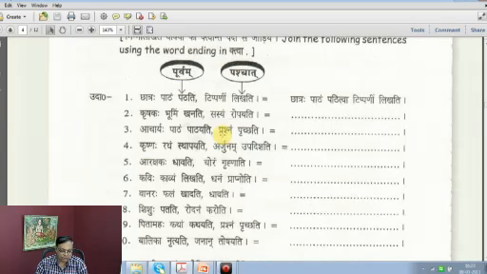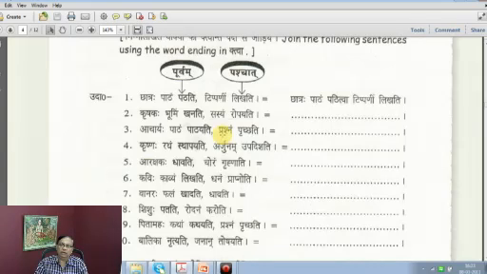Fifth one, Purvam Arakshaka Dhavati, Paschat Choram Gruhnati. First, a cop runs. Later, he catches hold of a thief. Now, Arakshaka Dhavitva.